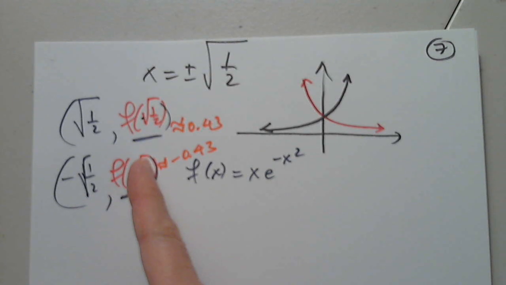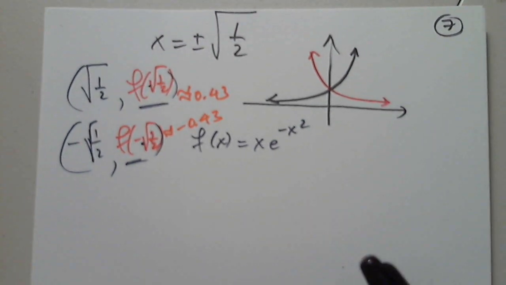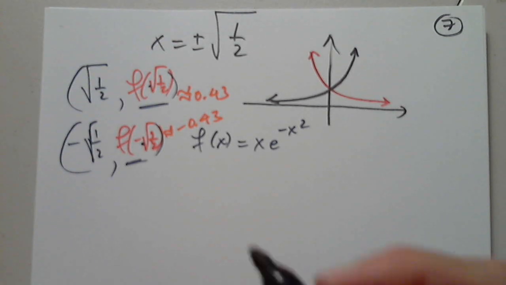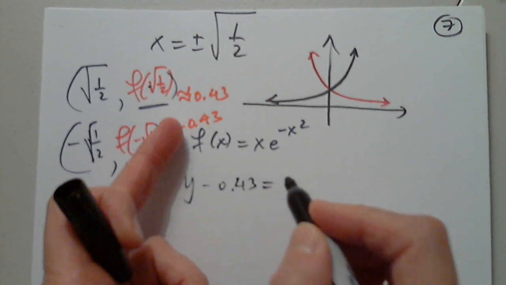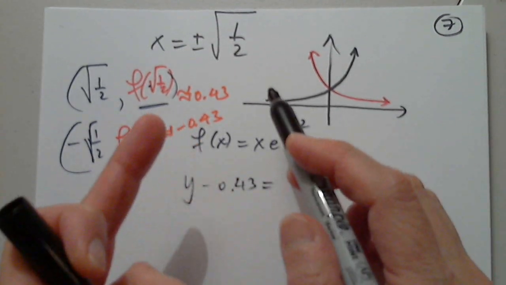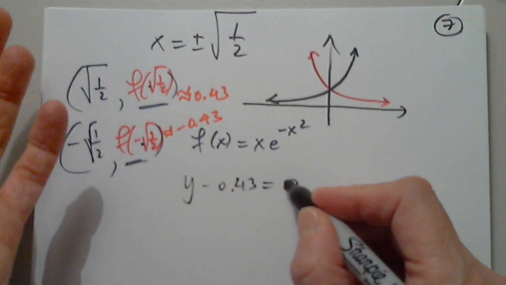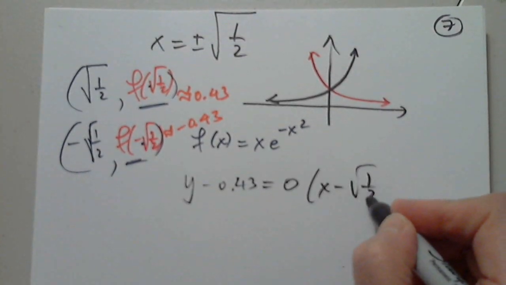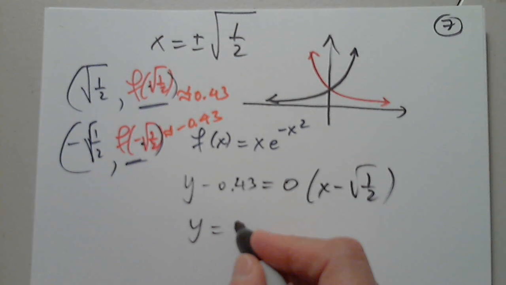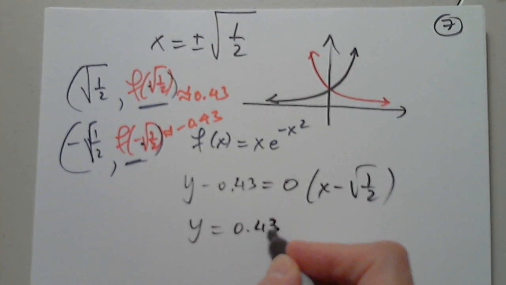And we did. What if it's asking now to find the equation of the line of any of these? No problem. So I have y minus y1 equals the slope, which is 0, times x minus x1. So I have y equals 0.43.